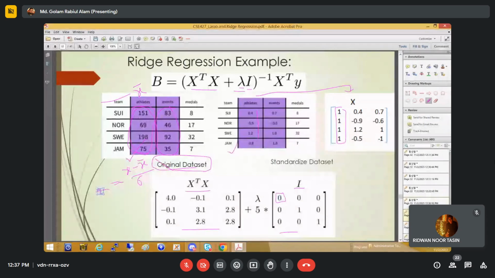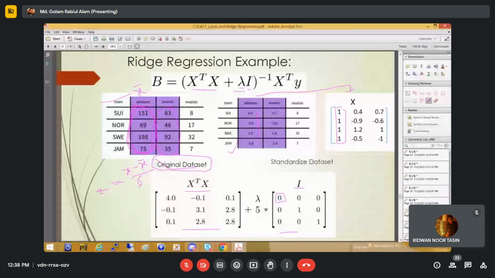And we have to find the standard deviation of this data, which is sigma. So we have to calculate x minus x bar, divided by sigma.